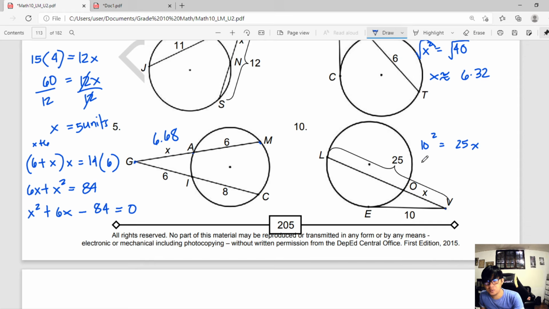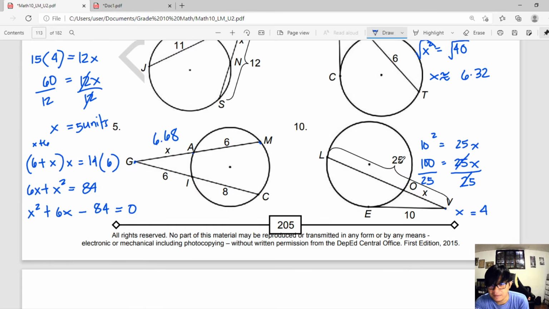So, 10 squared is 100 is equal to 25 times x. Okay? So, divide both sides by 25. 100 divided by 25 is 4. So, ganun lang pala kadali yung sagot nun. So, x is equal to 4.